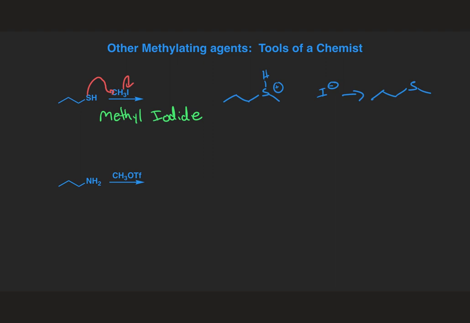And methyl triflate reacts in just the same way. So this is methyl triflate. And it again reacts with nucleophiles, in this case an amine, to kick off a triflate leaving group. That's going to give you this, plus a triflate leaving group, which looks like this.